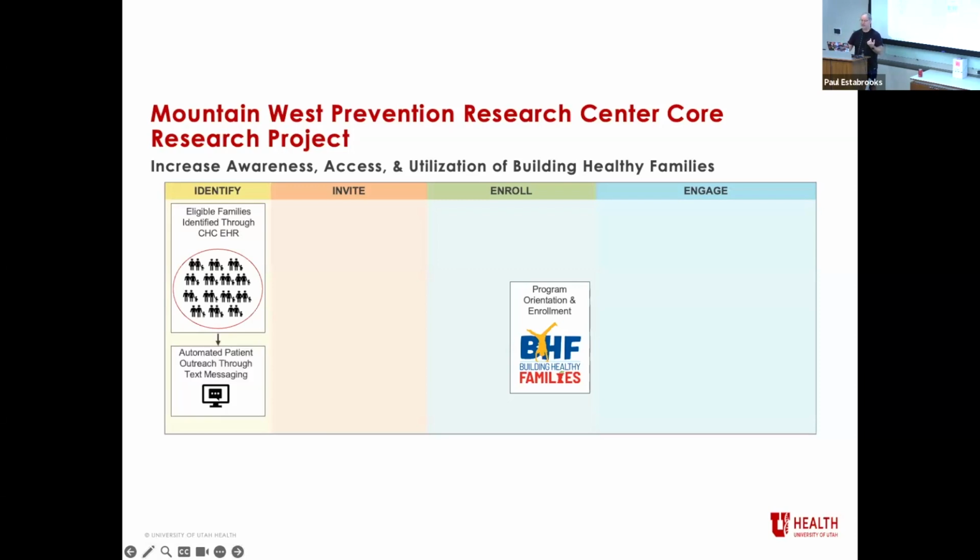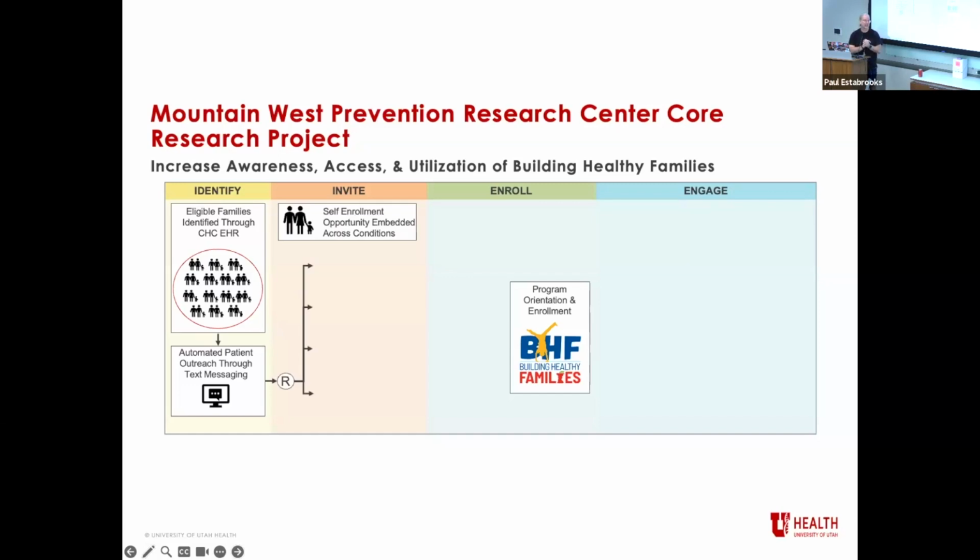Okay. And then we have an automated approach that my MPI on this, Guilherme Delfil, has, that he can interface with electronic health records with very low burden to the community health center and be able to do direct text message outreach to families that we identify as available. Okay, so that's our identification row.